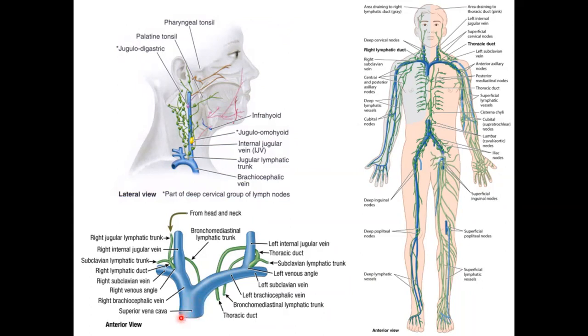It's the right side of the heart that receives venous drainage of blood. So the venous blood enters the heart at the right atrium. So the left brachiocephalic has to cross over to the right side in order to make this happen.